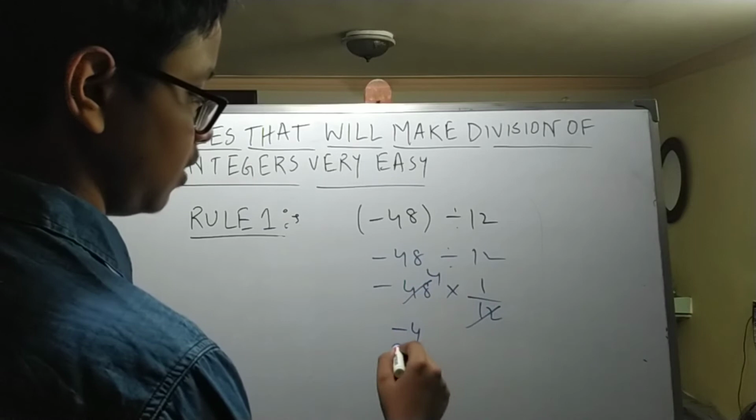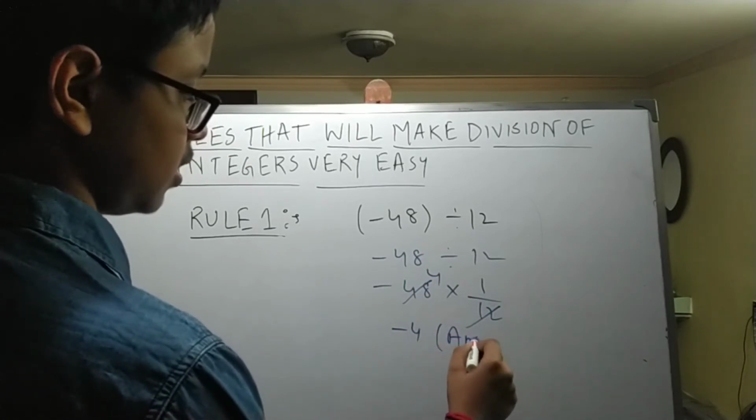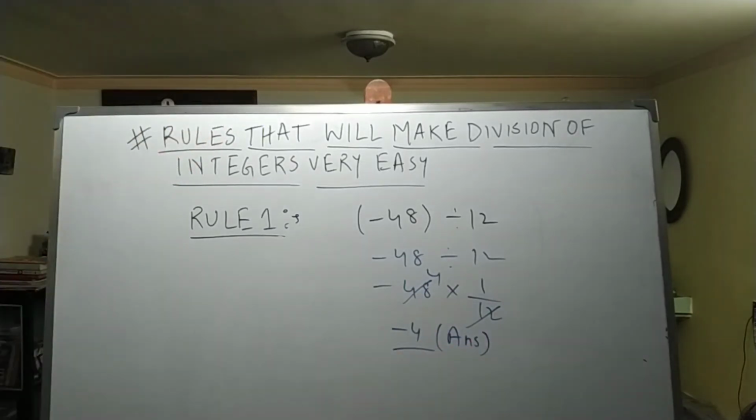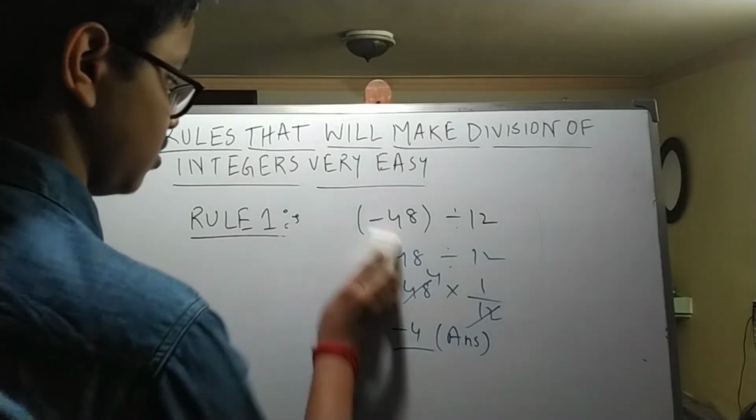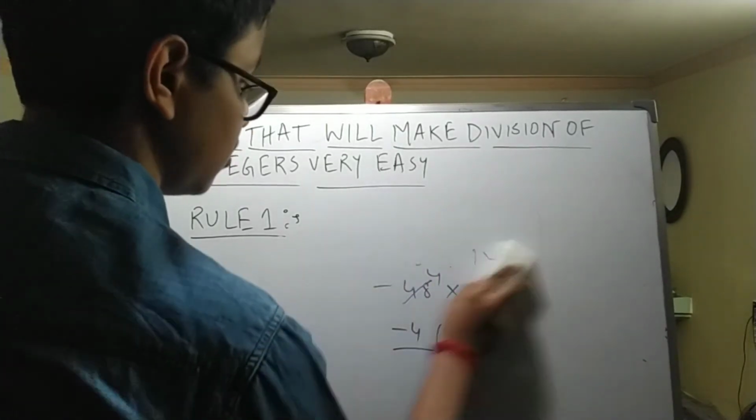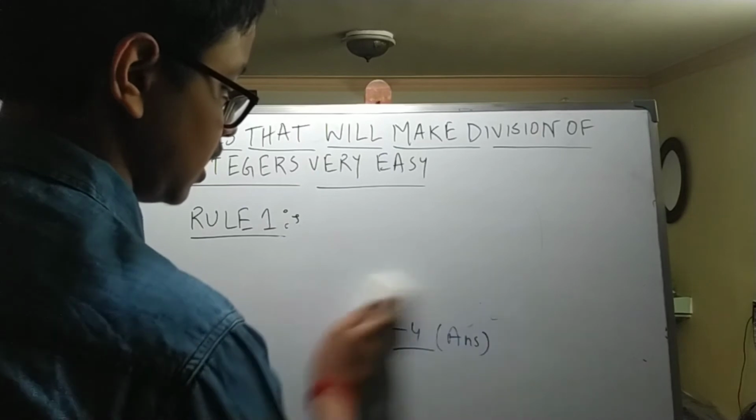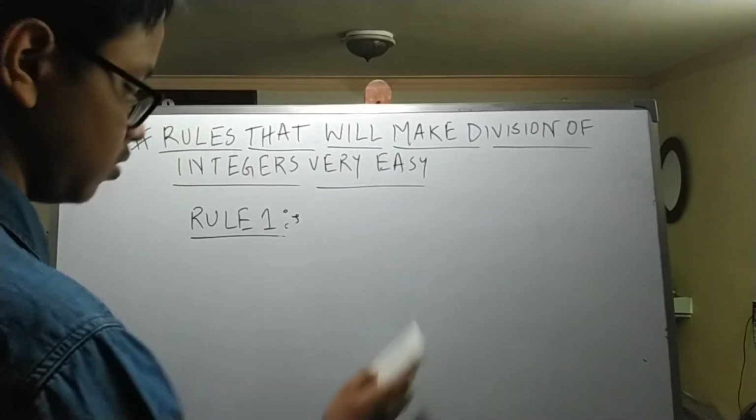So I will not see anything, I will put just a minus sign here. Plus minus result will give minus, that I will put here only. So this is rule number 1. There are 2 rules. Now we will go to the second rule.